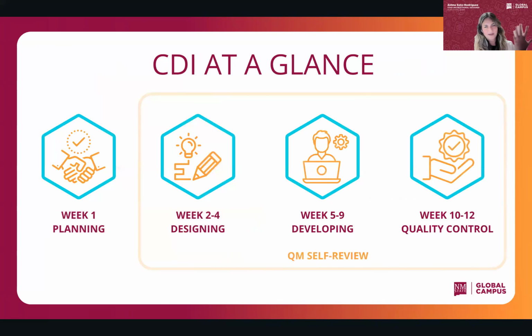I have mentioned that we established a better structured process with defined timelines and milestones. This is at a glance how it looks. So it's a 12-week process. We start planning from week 1, the kickoff, signing contracts, making sure everybody is ready to start, enrolled in the orientation course.